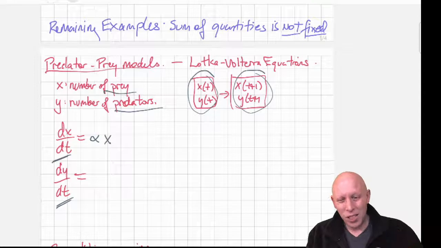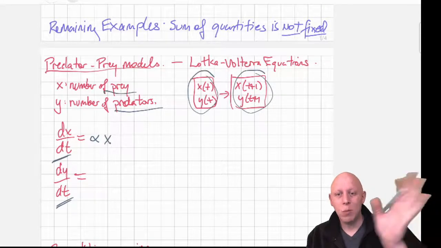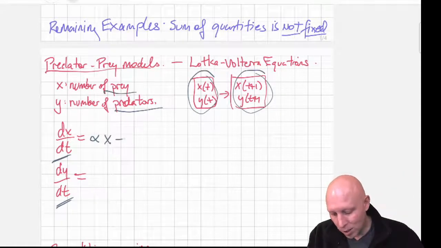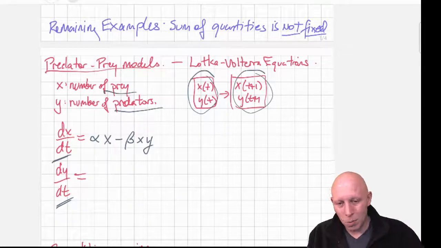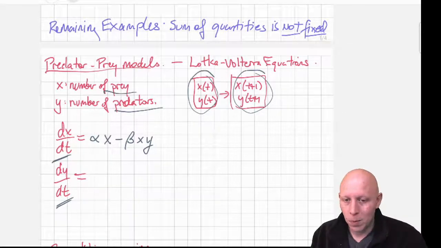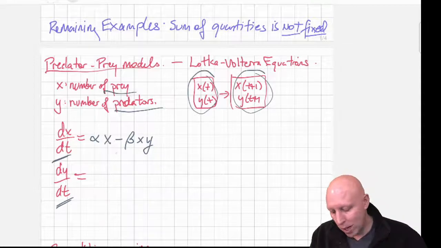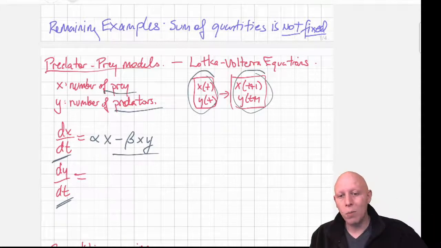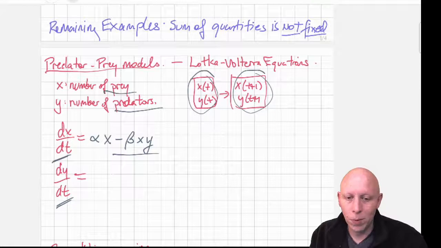But the issue is that with the predators around, depending on how many predators and how much prey there is, that's going to reduce the amount of bunnies that are hopping around because they're being eaten by their predators. So this is going to be a negative influence on how many prey there are around.